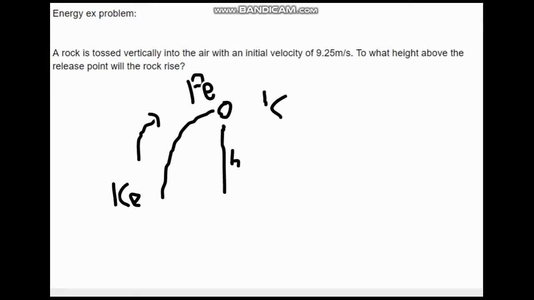So we can set kinetic energy equal to potential energy, and then we can just substitute in their equations.